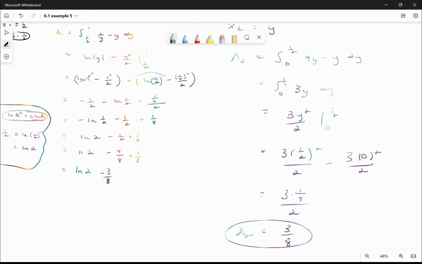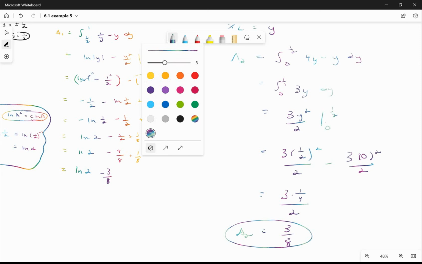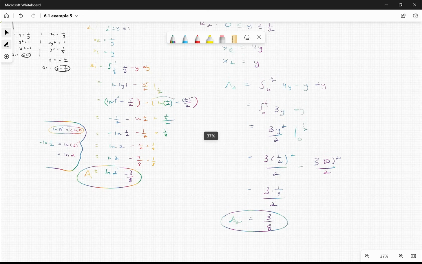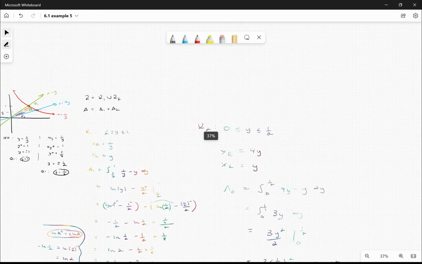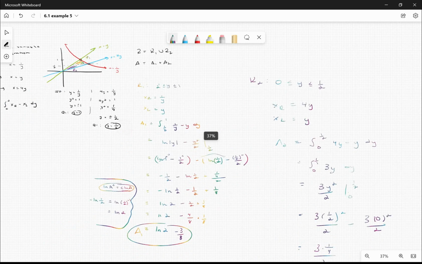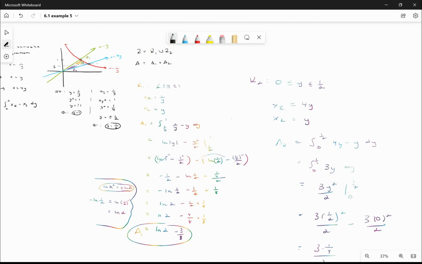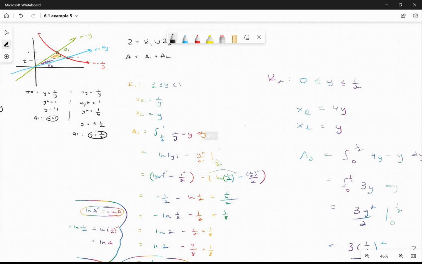Our A1 over here was ln of 2 minus 3/8. And so our total area is A1 plus A2, which is ln of 2 minus 3/8 plus 3/8, which is just ln of 2.